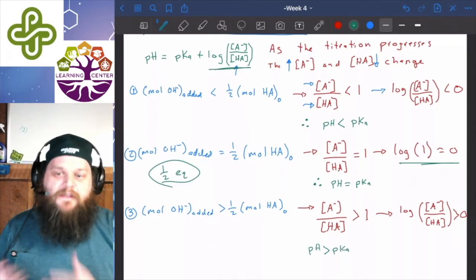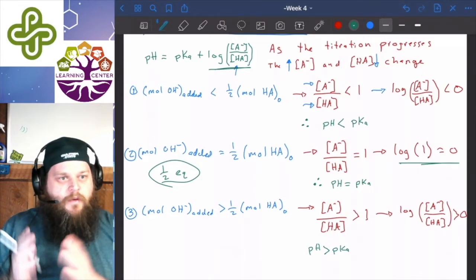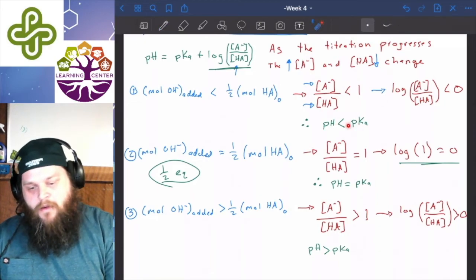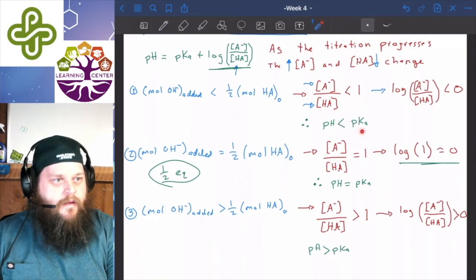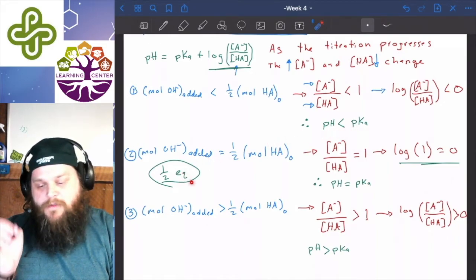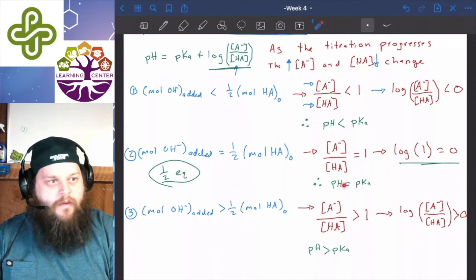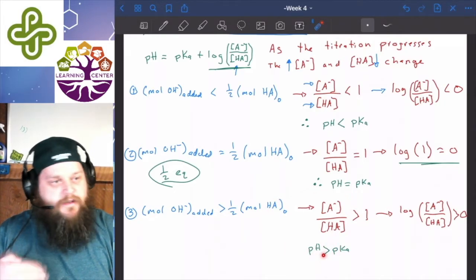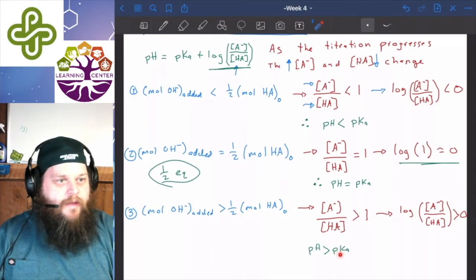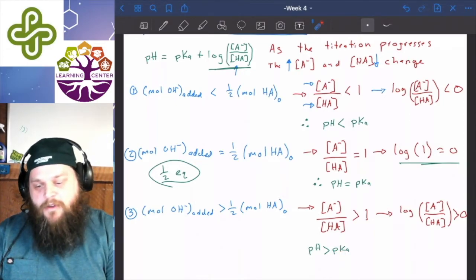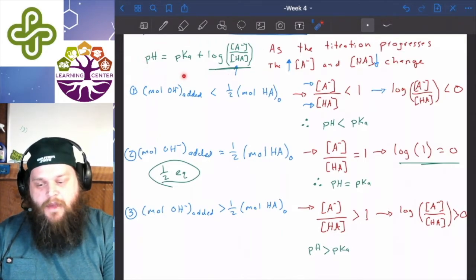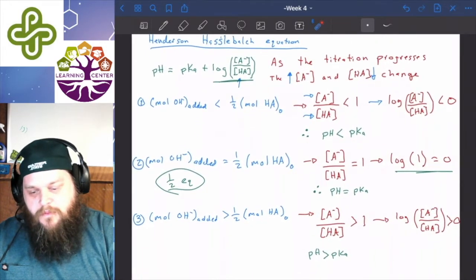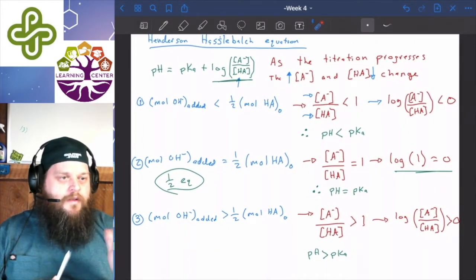And this makes sense because as we're adding base into our weak acid, our pH is rising. It starts off up here being less than the pKa value. As it passes this half equivalence point, it becomes equal to the pKa value. And then as it moves past that, the pH is growing. It's getting higher than the pKa value. And so we can use the Henderson-Hasselbalch equation to find the pH during this initial setup. And this is going to be true up until just before the equivalence point.